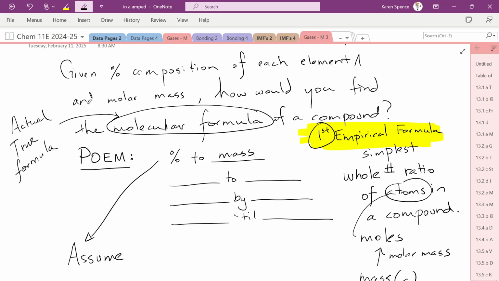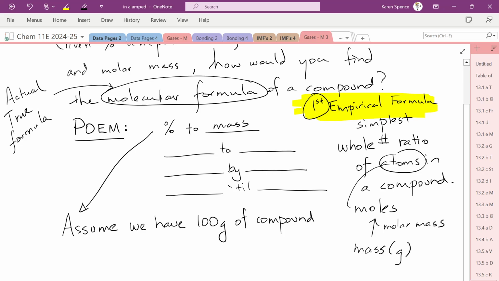Yeah, assume we have not 100%, but 100 grams of the compound, because the actual mass is not given. It might be under certain circumstances, but then you'd have to work with that. But if you're given percentages, assume we have 100 grams, and then percent is equal to the mass, right? So we convert the percent to mass.